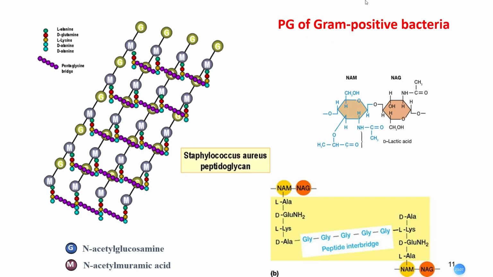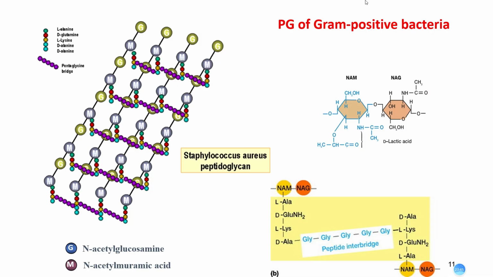Let me show you the structure. So here is the peptidoglycan layer of gram-positive bacteria. First, the backbone here. The G means N-acetyl glucosamine, and M means N-acetyl muramic acid. So here GM, GM, GM, GM. So the alternating structure. The bond between the two saccharides, two sugar molecules, is a beta 1,4 glycosidic bond.